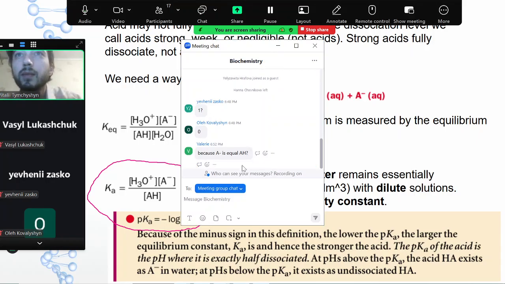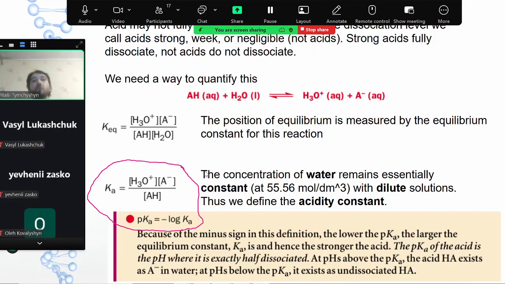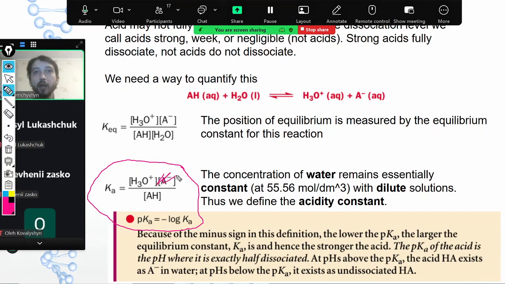Yes, because A minus is equal to AH in concentration, because half of them is dissociated. You remember we calculate molar concentration, so half of the moles have dissociated, they are equal. So you can basically divide through, because they are equal, we remove them. So Ka in this case is equal to H3O+. And if I take the minus logarithm, that's taking the minus logarithm of the H3O+ concentration, that is pH by definition.